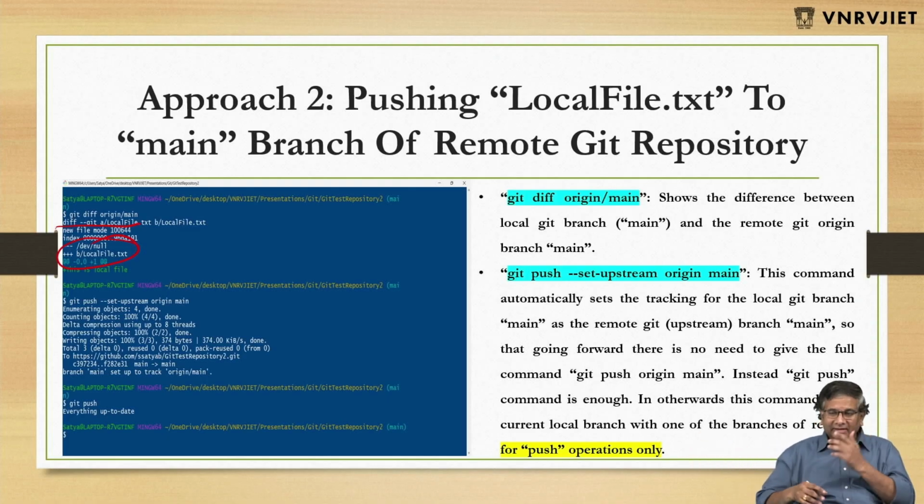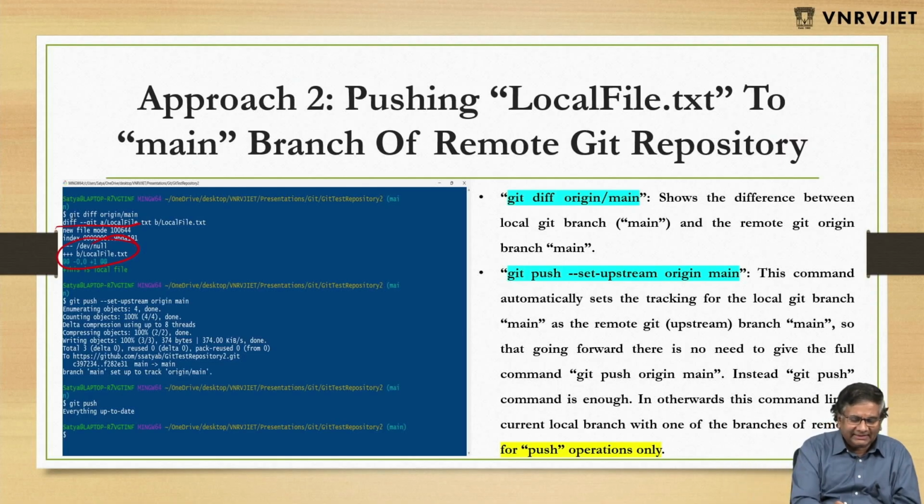I don't need to type the last two words. In order to avoid those last two words, I set this upstream as origin main. All that means is from here you connect to the main branch for all the commands I'm going to give going forward.